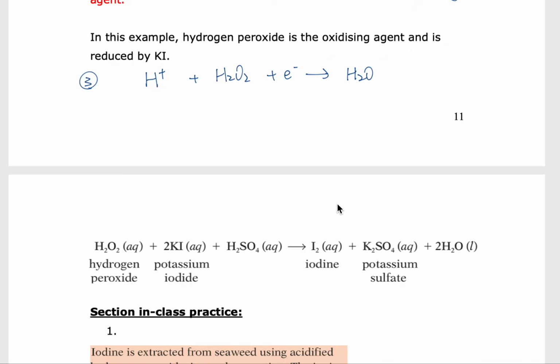Let's have a look at this particular reaction where hydrogen peroxide reacts with potassium iodide. In this case, potassium iodide is a reducing agent. The oxidation state goes from -1 to 0. As you can see, the oxidation state has increased.